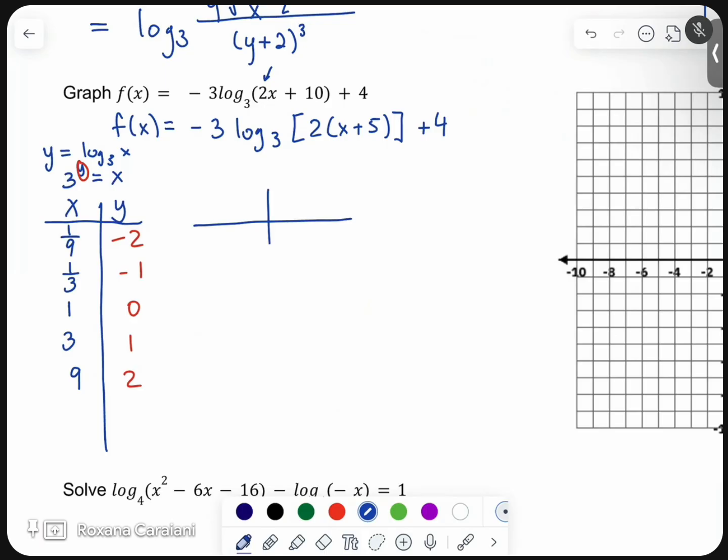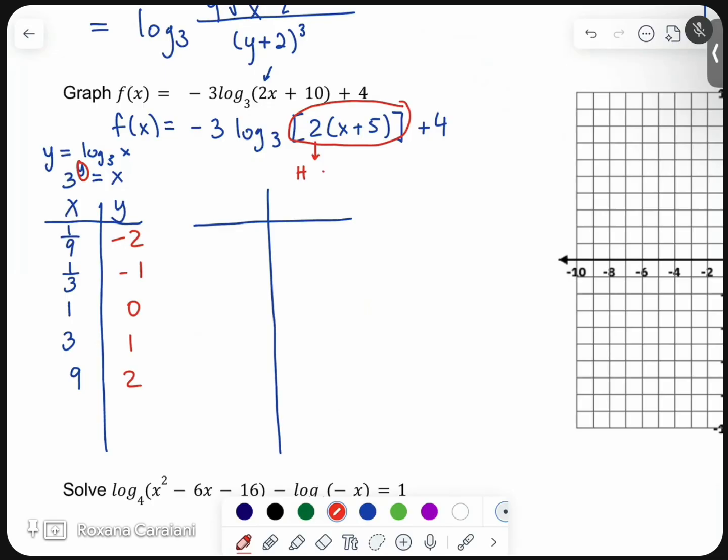Now, remember the mapping rule? Yes, you can memorize it, but it does come from the logic of the transformations themselves. So your x coordinate is affected by everything horizontal, which is in the bracket. Now, in this bracket, the 2, remember we have to take a reciprocal. The reciprocal of 2 is a half. If I multiply something by a half, I'm making it smaller.